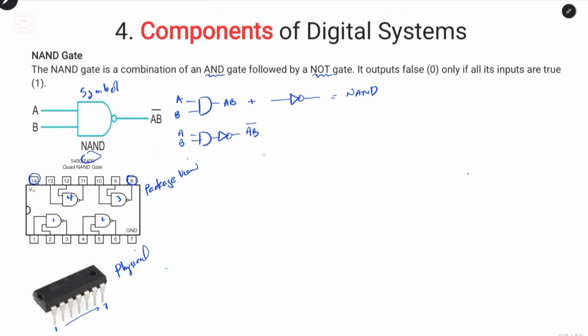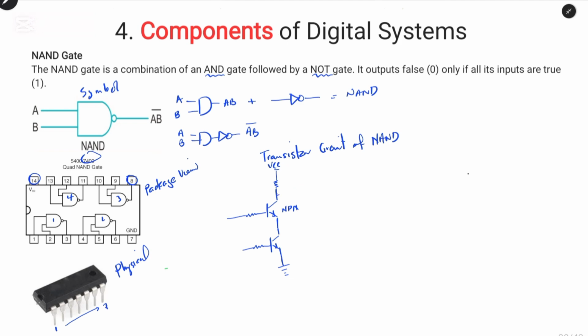And let us look at the transistor circuit of the NAND gate. We have input A connected to an NPN transistor and another circuit of NPN transistor connected to ground, and we have the VCC.